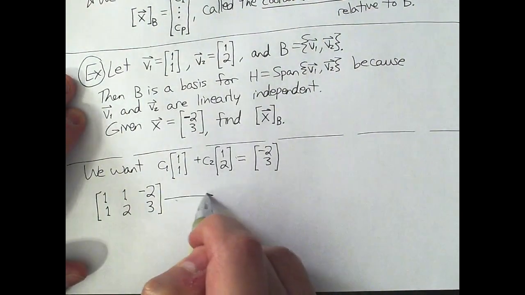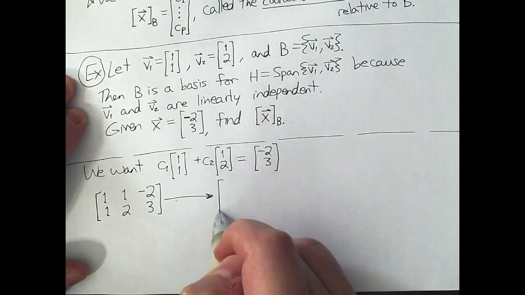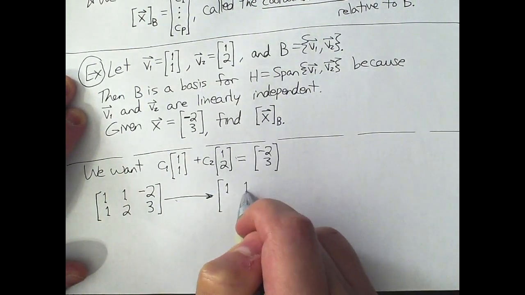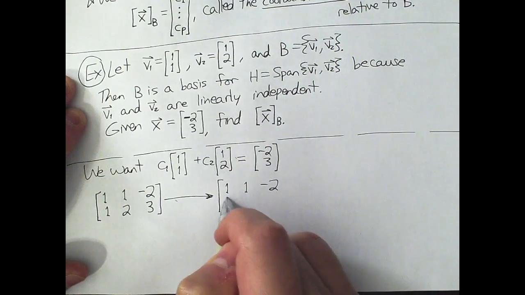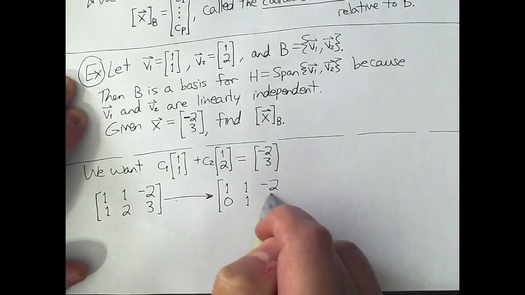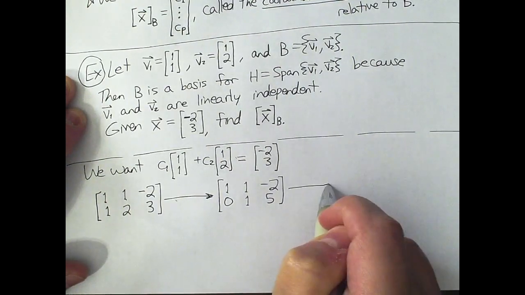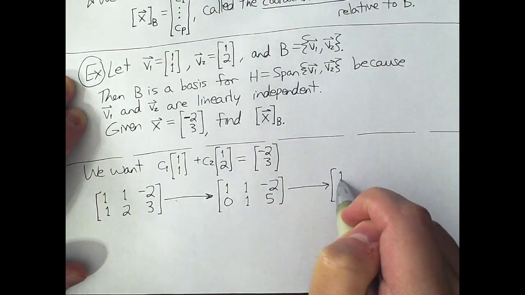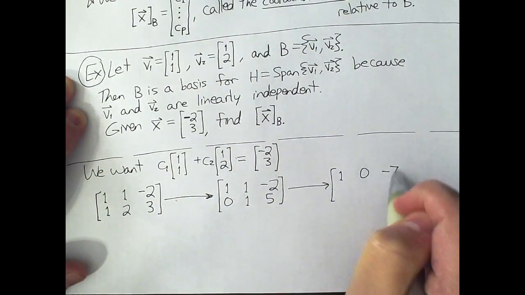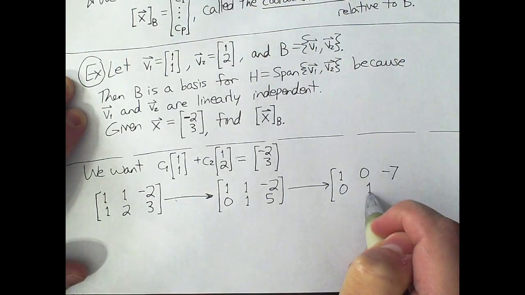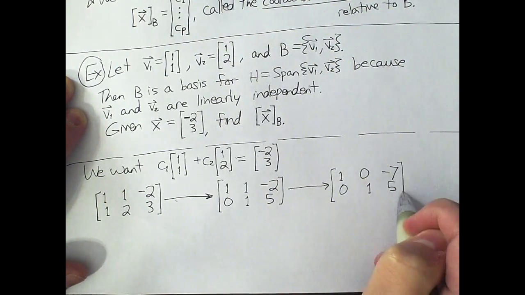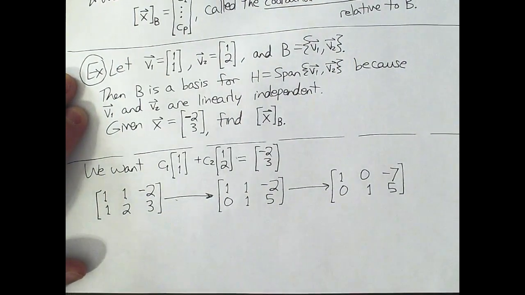I'm not going to write out every little step, but we want to get zeros to get this into row echelon form. I did this step to get rid of that 0, and then we've done so much row reduction already that I don't want to spend a lot of time on it. I want to just talk about the new stuff. But I did reduced row echelon form, and I got this.